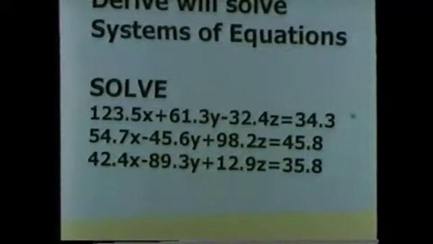Solve 123 and 5/10 x plus 61 and 3/10 y minus 32 and 4/10 z is equal to 34 and 3/10. 54 and 7/10 x minus 45 and 6/10 y plus 98 and 2/10 z is equal to 45 and 8/10. 42 and 4/10 x minus 89 and 3/10 y plus 12 and 9/10 z is equal to 35 and 8/10.